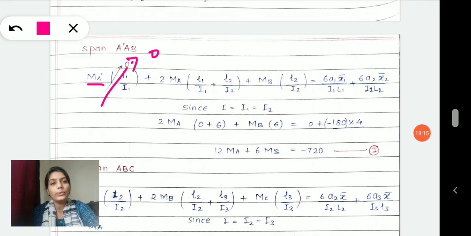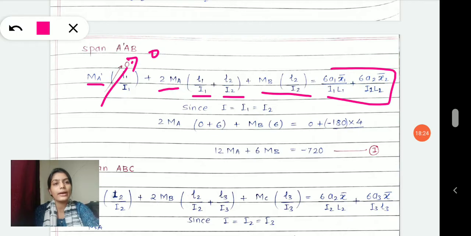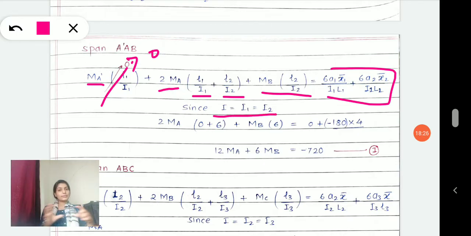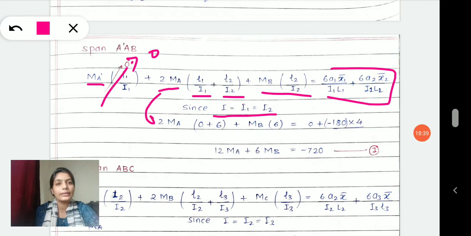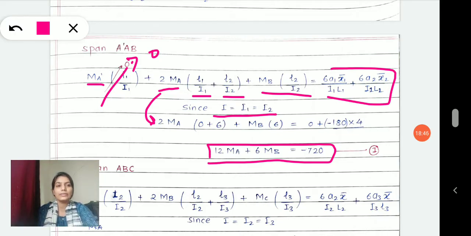Then 2MA into L by 2, L2 by I1 plus L2 by I2 plus this whole equation. Since I am considering a prismatic beam where the depth and length of my beam are not changing, I remains the same for each span of my continuous beam. Then simplify it. You will get an equation as 12MA plus 6MB equals negative 70.